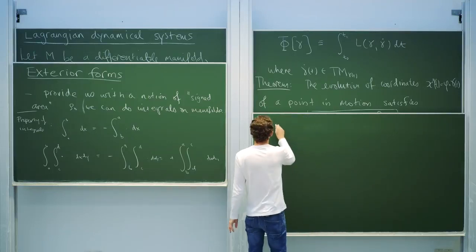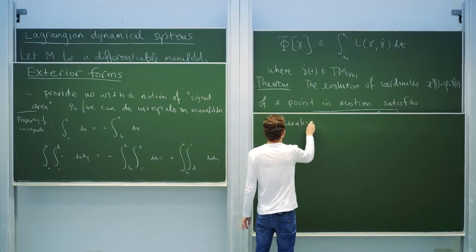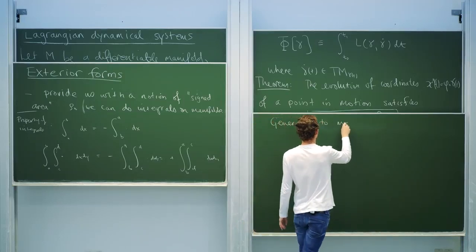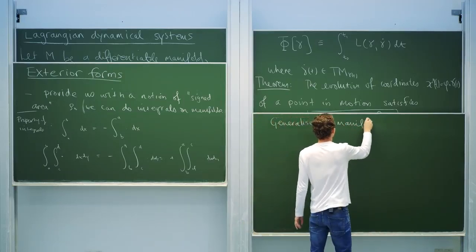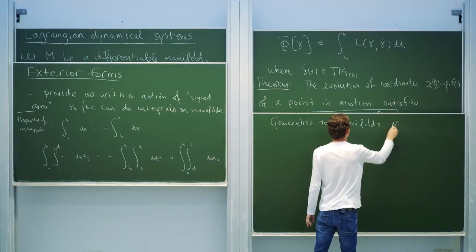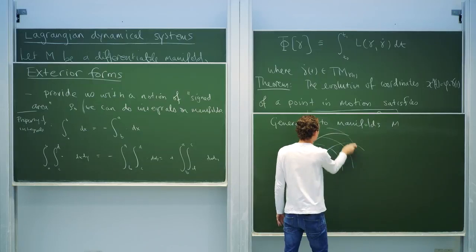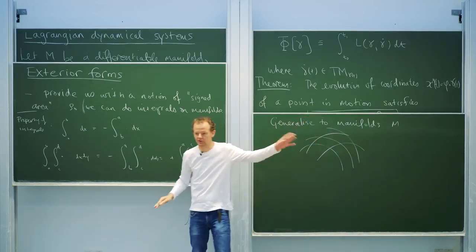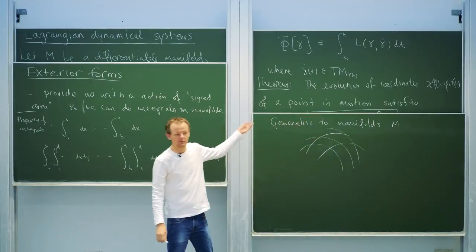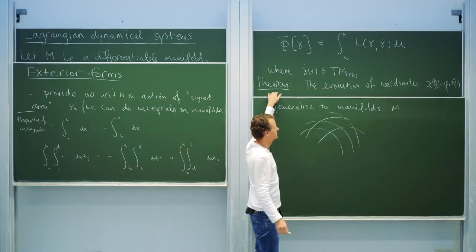So if you have some manifold M, which I'll draw as an embedded manifold, and you want to integrate a function over this manifold, then, well, it's kind of clear what you should do.